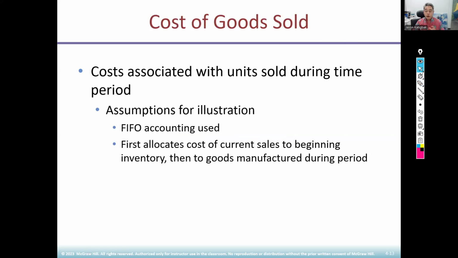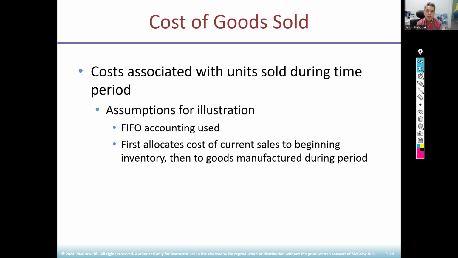Now we would need to do the cost of goods sold. So cost of goods sold, there will be an assumption of the flow, right? So basically, think about it this way. If you have inventory from prior year, December 31, 2021, and then right now is 2022 for our example, of course you're gonna be selling.